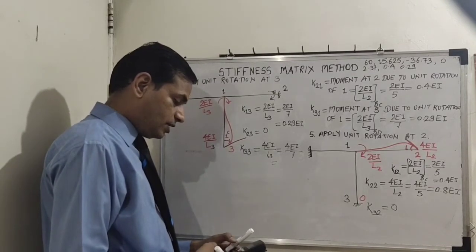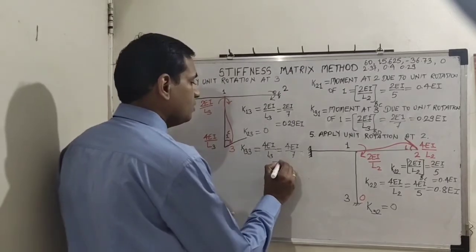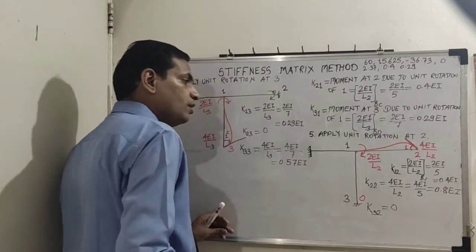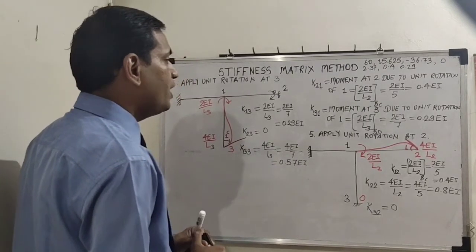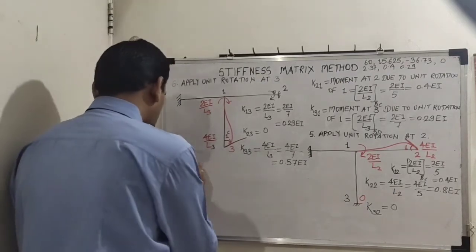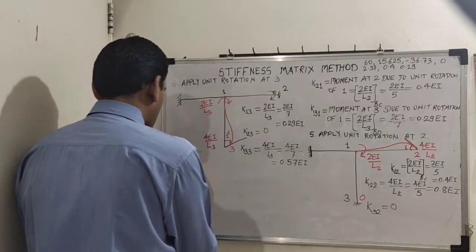It is 0.57EI. So we have all values in the stiffness matrix except the unknowns. Which are the unknowns? Delta 1, delta 2, delta 3.